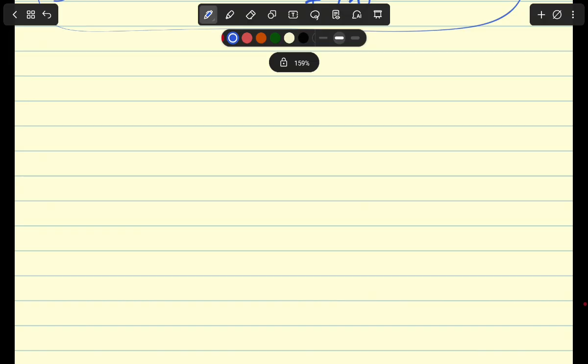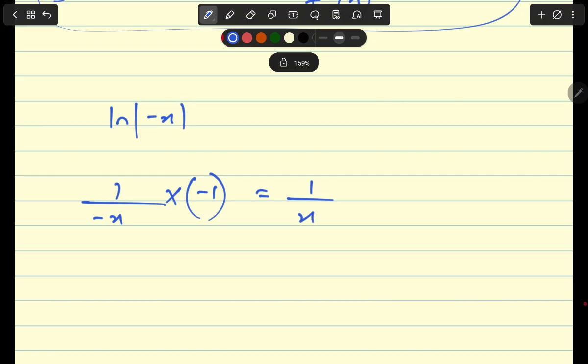Now if I ask you to differentiate ln of negative x, right? So ln of negative x is going to be equal to 1 upon negative x into the differential of negative x, so this is going to be equal to 1 upon x, right? So both ln x and ln negative x have the same derivative, which is 1 upon x, right?